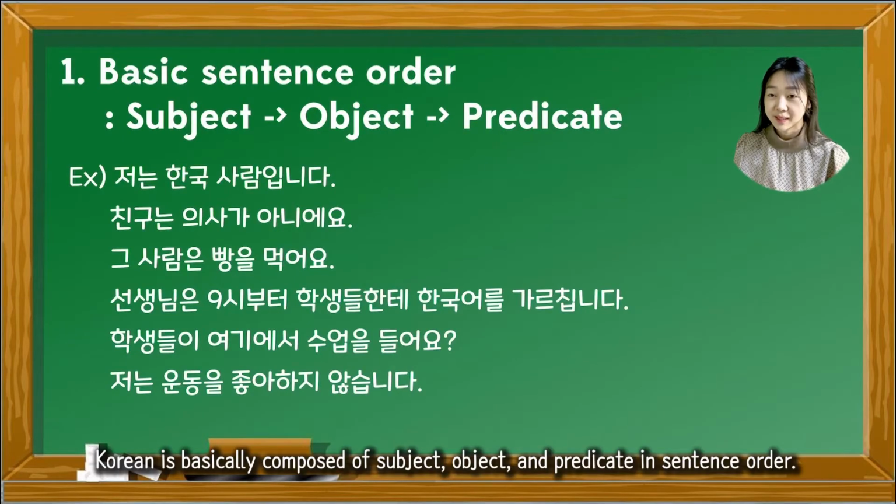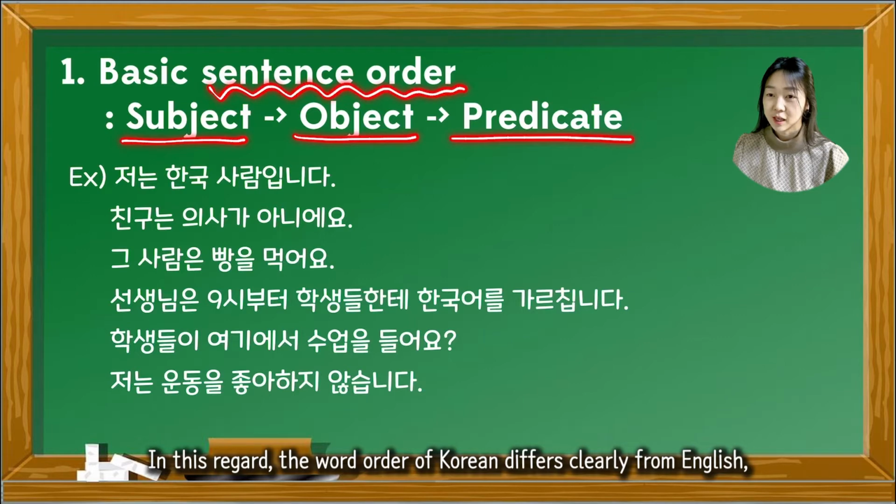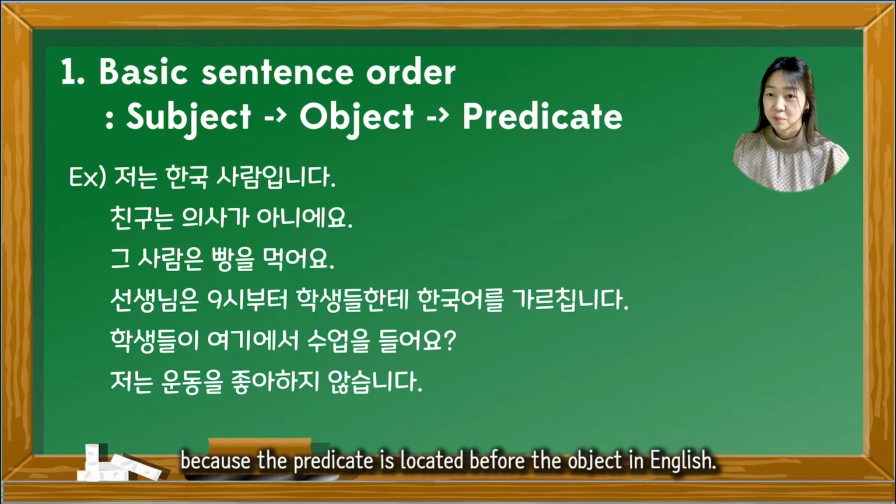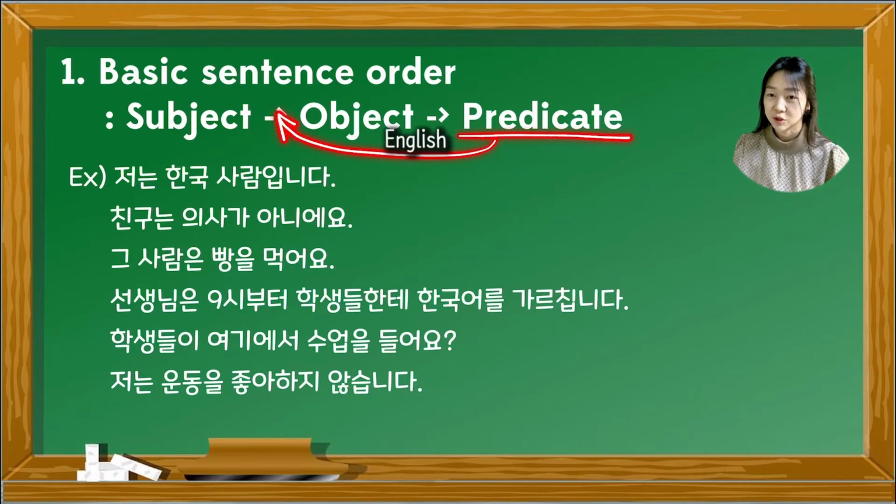Korean is basically composed of subject, object, and predicate in sentence order. In this regard, the word order of Korean differs clearly from English because the predicate is located before the object in English.